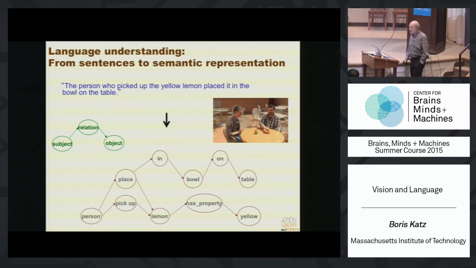And you say something like, the person who picked up the yellow lemon placed it in the bowl on the table. Using the subject relation object structure, and first parsing the sentence, you could create this ternary expression. You could see person picked up lemon, that same person placed that lemon in the bowl on the table, and that lemon happens to be yellow.